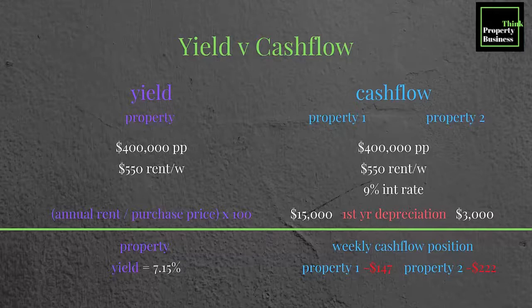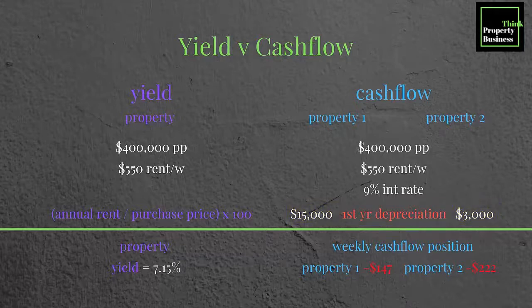So $400,000 purchase price, $550 rent received per week, 9% interest rate. What we're going to do is change it up by having property one have a first year depreciation amount of $15,000, so a newer property, versus property two, which has a first year depreciation figure of $3,000.